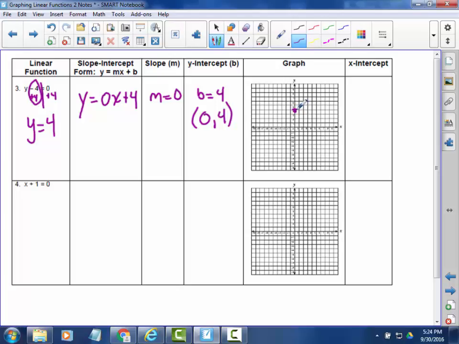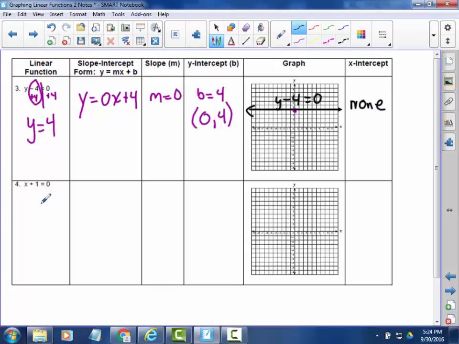And then our slope being 0 means we're going to have a horizontal line through there. So that would be the line y minus 4 equals 0. The x-intercept, there isn't one.